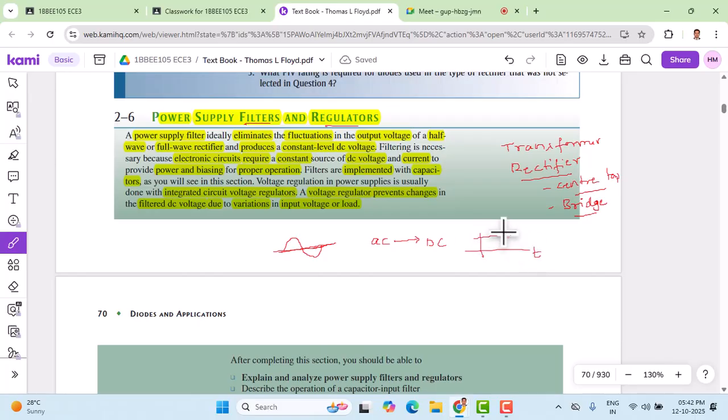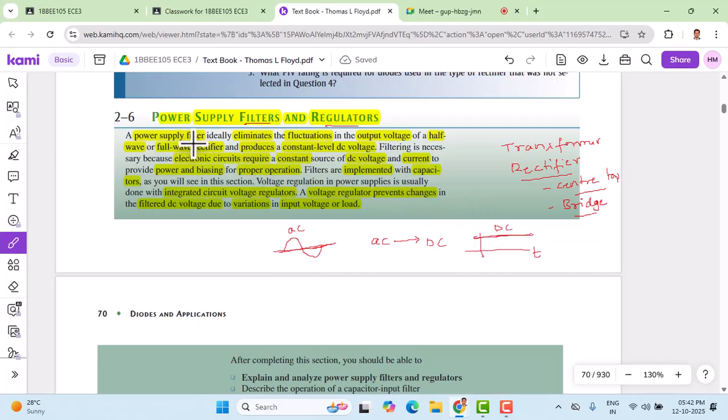So this is a DC voltage. While getting this from AC to DC conversion, the rectifier circuit doesn't give 100% flat DC voltage, because the diode produces only a pulsating type of DC.